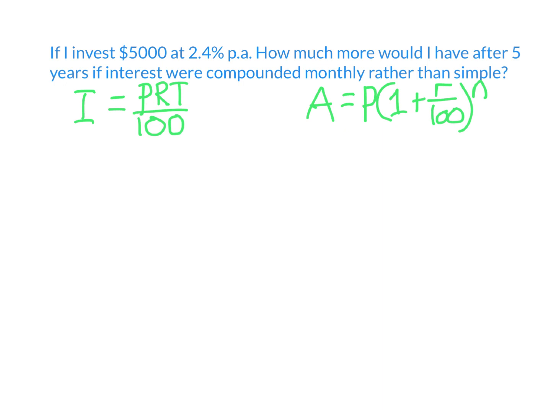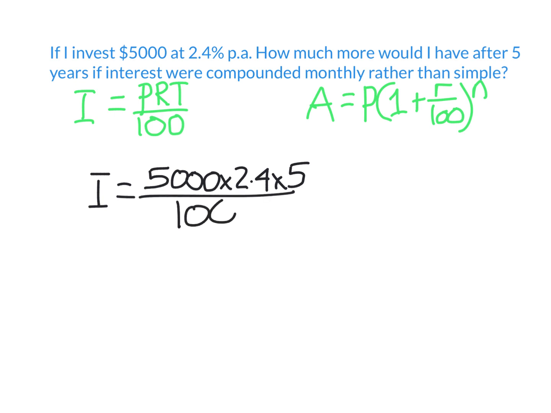So let's start with simple interest. So for simple interest, if you invest $5,000, P, the principal, is 5,000. R, the rate, is 2.4 because it was 2.4% per annum. And then we times that by T, which is 5, for 5 years, all over 100.